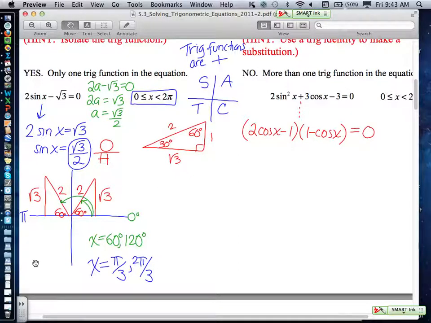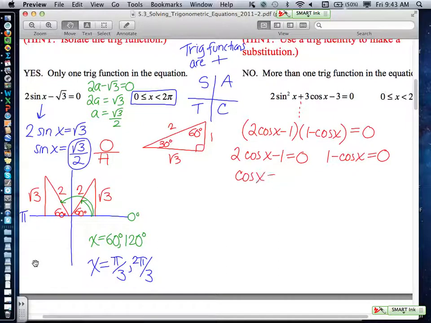Okay, so when you solve algebraic equations, you're often factoring and setting the factors equal to 0. So same thing here. Once we get it in factored form, I'm going to set those factors equal to 0. So I have 2 cosine x minus 1 is 0, and I have 1 minus cosine x equals 0. And then I'm going to solve for cosine x.